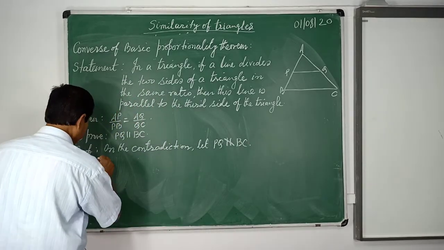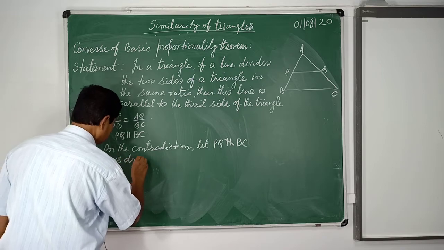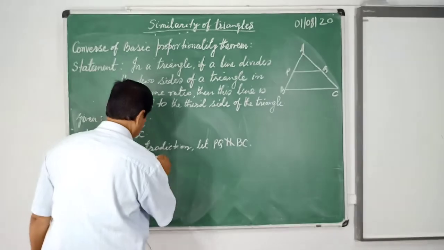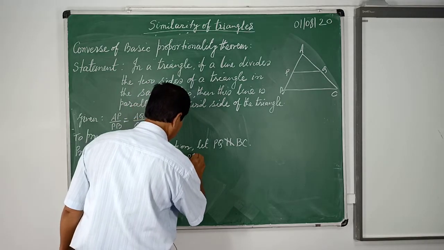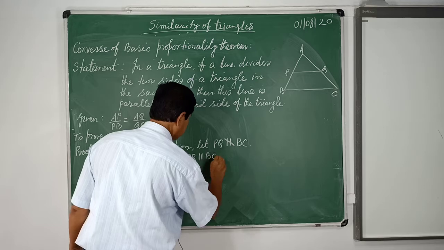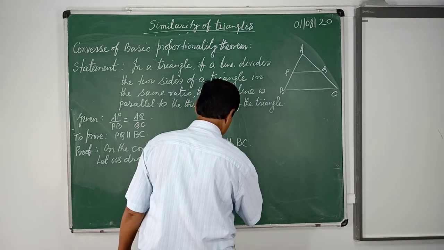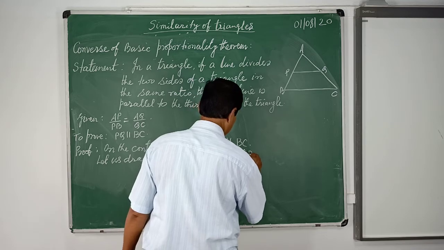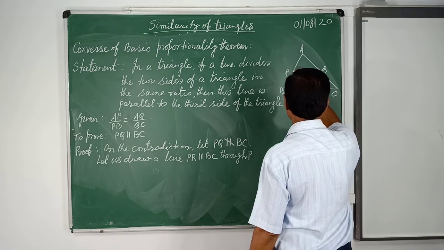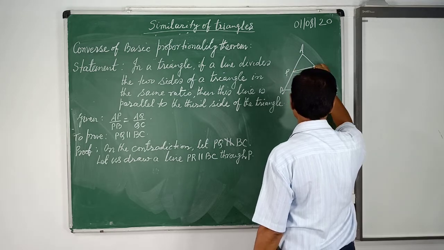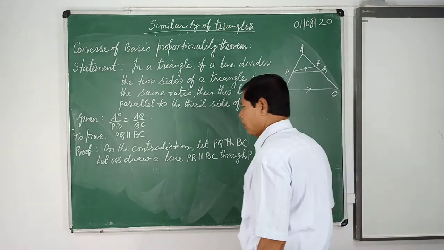Then let us draw a line PR parallel to BC through P. So since PQ is not parallel, we shall draw a line through P, the point considered as fixed, and we shall draw a line PR parallel to BC.